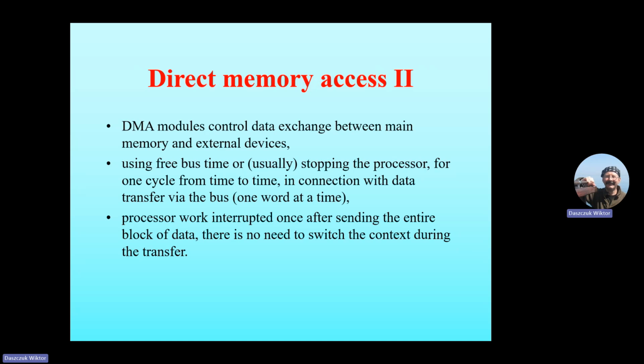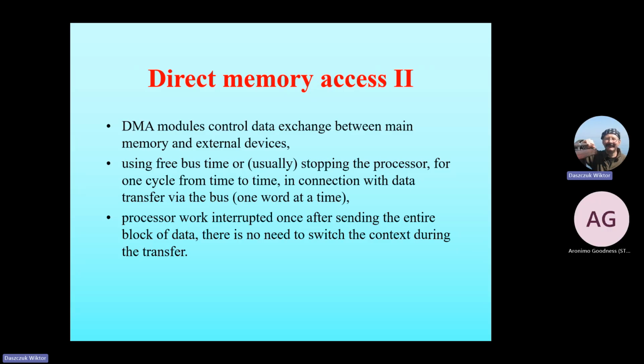It occurred too slow for DMA. So very old solutions were based on this principle. Next solutions stop the processor for the time of transmission. We will discuss it in detail later.